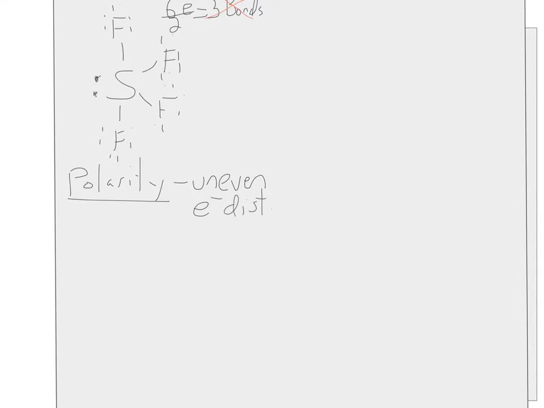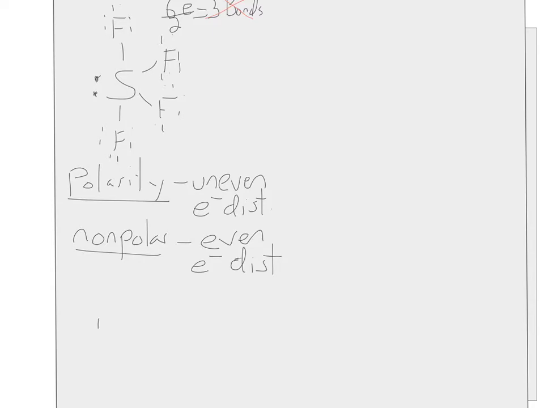So it's asymmetrical. The electrons kind of go to one side or the other, and we want to be able to draw dipole moments. And then things that are nonpolar have even electron distributions. Those are symmetrical. Even electron distributions. It's symmetrical shapes in 3 dimensions.